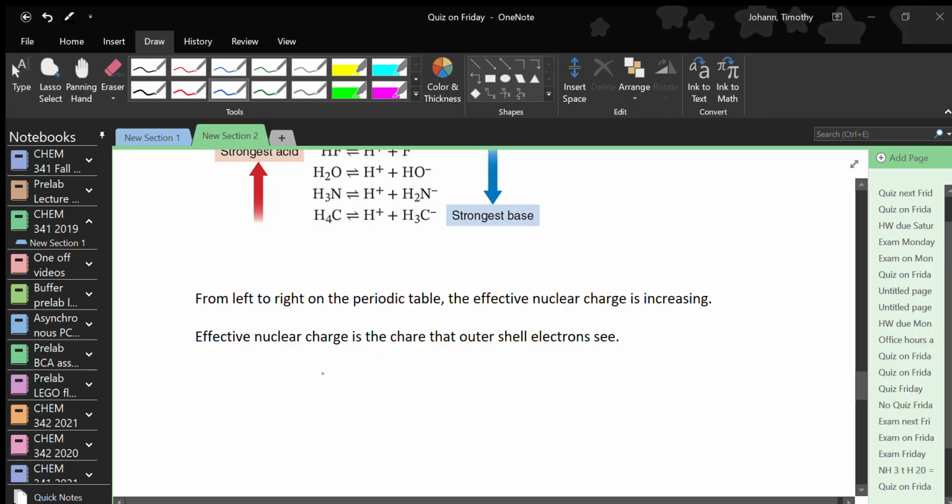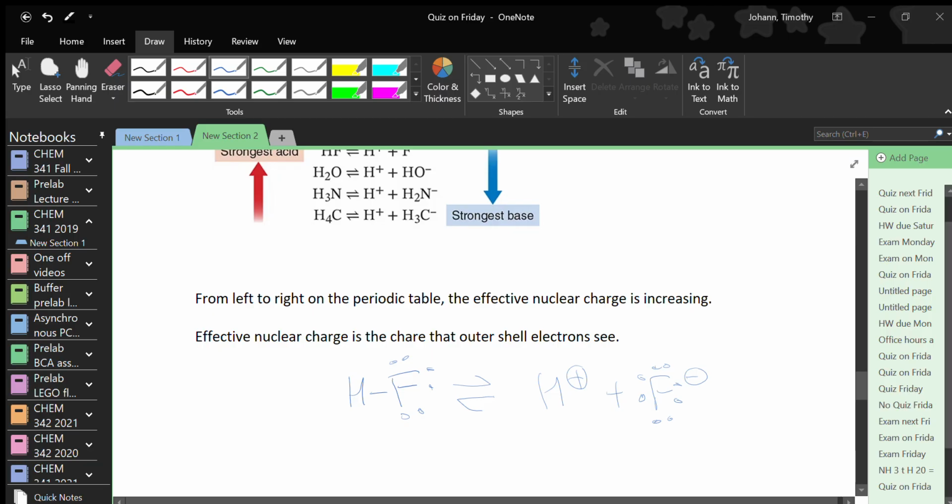So if we think about HF going to H plus and F minus, I'm going to put all my electrons on here. The fluorine is sharing these two electrons.